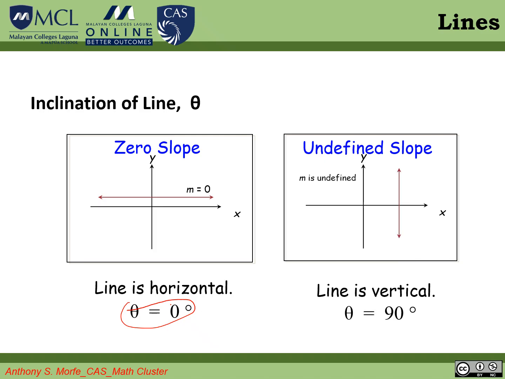If that is vertical, so ito yung itsura class. So bakit na 0 siya? Because the angle at the x-axis is equal to 0. So you just move a little.